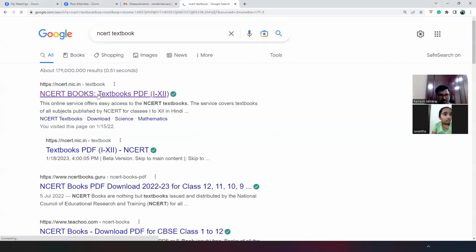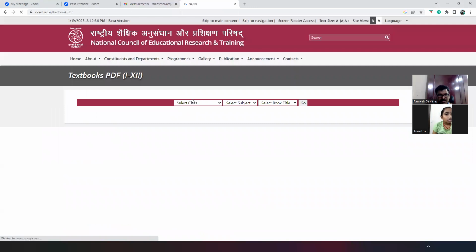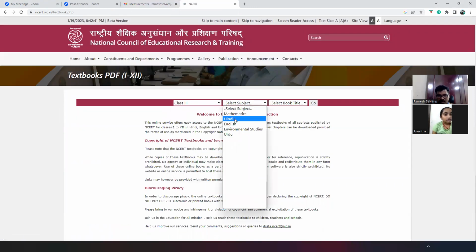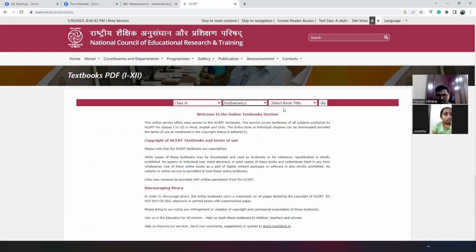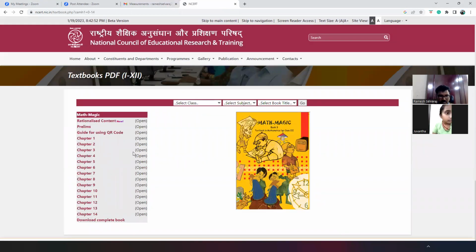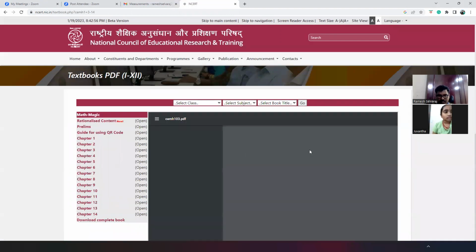There is one Maths book. In that Maths book, third standard, we have one lesson that is easily understandable. So I just wanted to show you that one. Okay, just a minute. This book is really easy to understand.